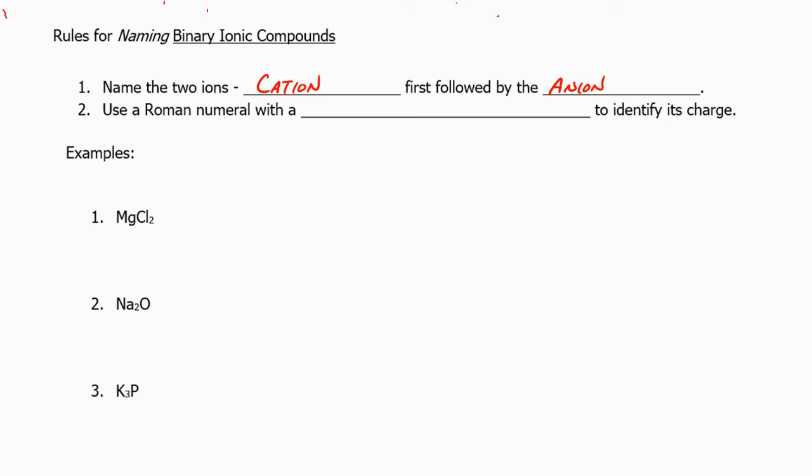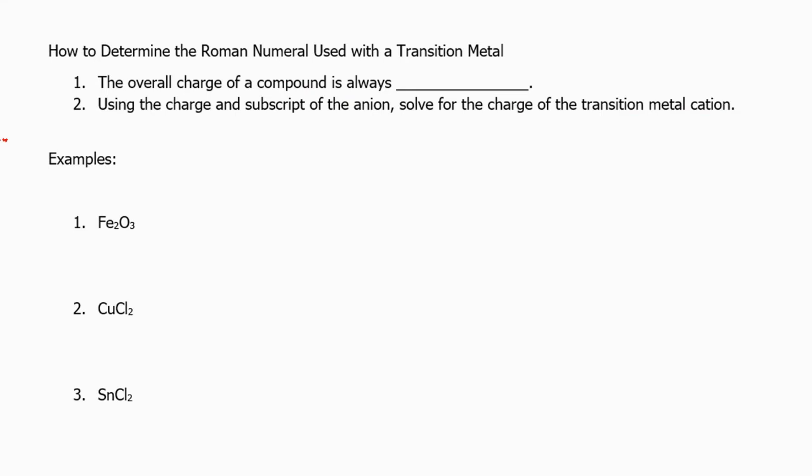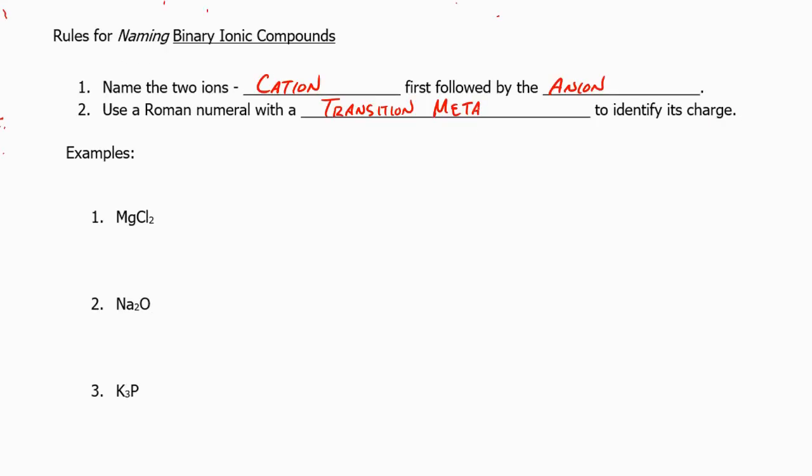Then remember, we use Roman numerals with all of our transition metals, and that's how we identify what the charge is. Just like our last example was iron 3 oxide, and it told us the 3 as a Roman numeral, we have to do the same thing.